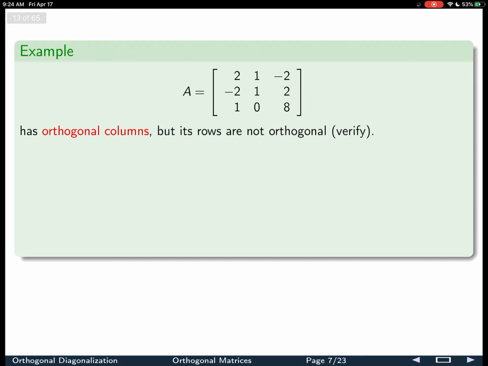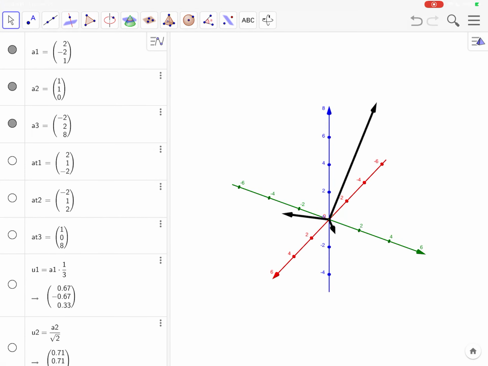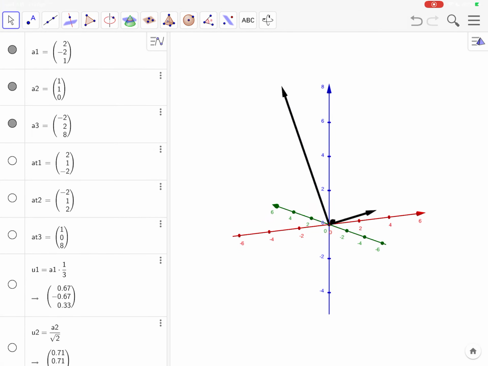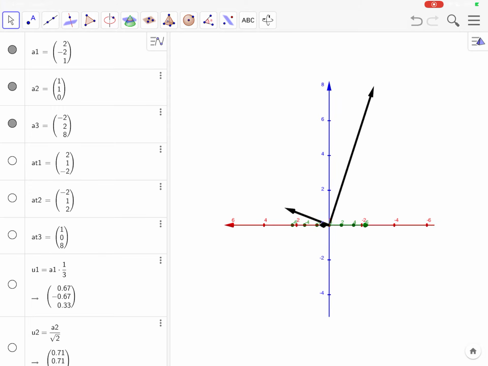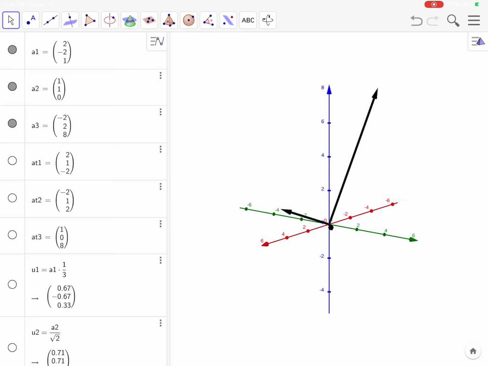Moving on. Okay, this will be our first example that we look at, and we're going to get into GeoGebra on this one. This matrix has orthogonal columns, but the rows are not orthogonal. We can verify that. Well, let's go to GeoGebra. Here are the columns of that matrix as vectors. Notice that they're all perpendicular to each other.